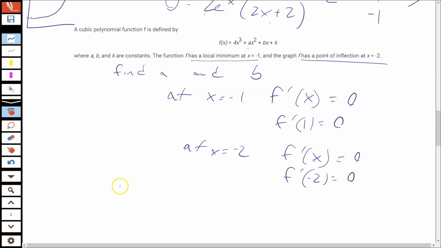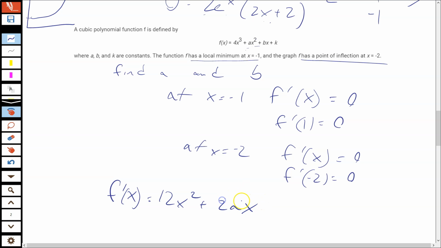So f prime of x would be, so first term is just a normal power rule, 12x squared. Then we have 2ax. So what I did here is I did 2 times a power rule and then subtracted 1. And I'm just leaving a alone, as if it were like a 5 or something.